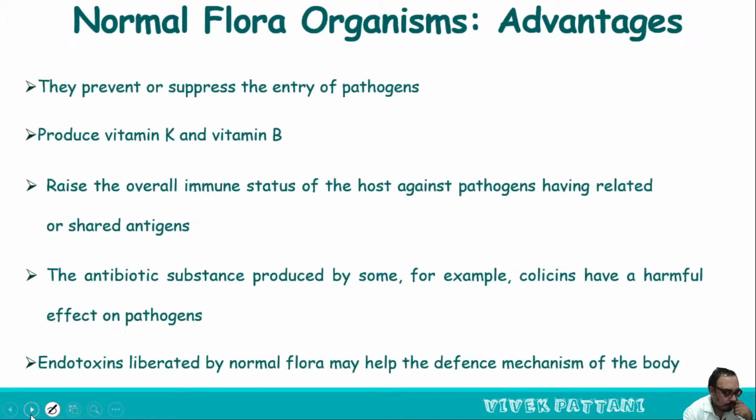Okay, now what are the advantages of normal flora organisms? First advantage, they suppress the entry of pathogens, produce vitamin K and vitamin B, raise overall immune status of the host against pathogens having related or shared antigens, and the antibiotic substances produced by some, for example colicins, have a harmful effect on the pathogens.